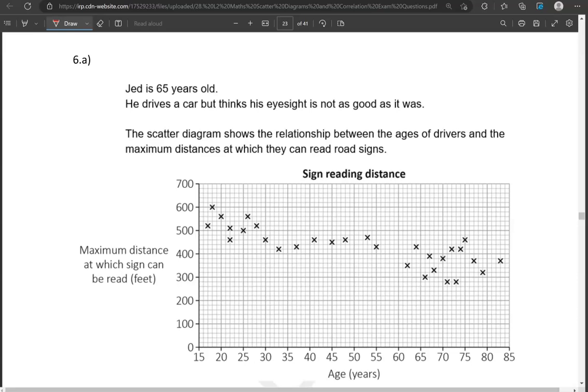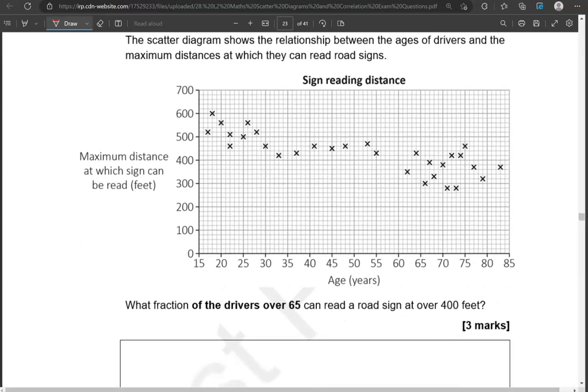Jed is 65 years old. He drives a car but thinks his eyesight is not as good as it was. The scatter diagram shows the relationship between the ages of drivers and the maximum distances at which they can read road signs. What fraction of the drivers over 65 can read a road sign at over 400 feet? So that's the distance. So we're looking for over 400 feet.